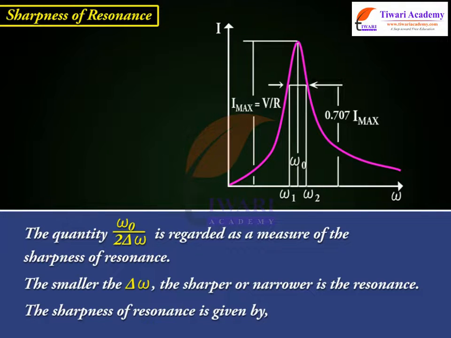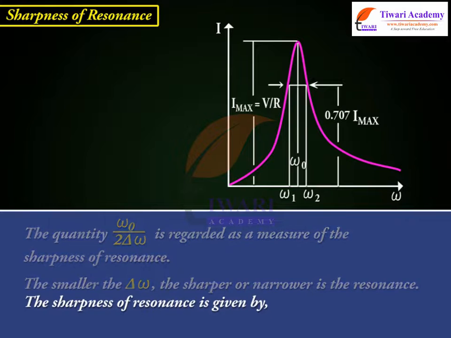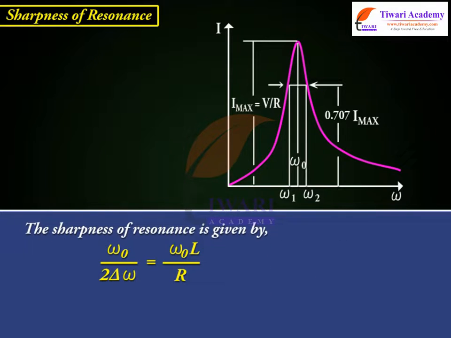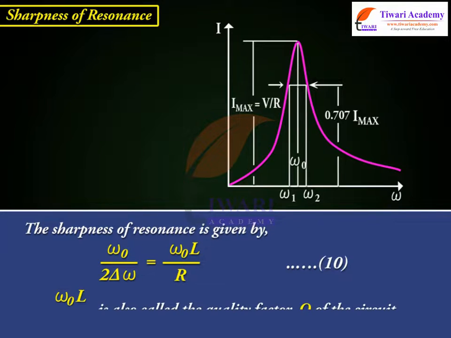The sharpness of resonance is given by omega naught by 2 delta omega is equal to omega naught L by R. Equation 10. Omega naught L by R is also called the quality factor Q of the circuit.